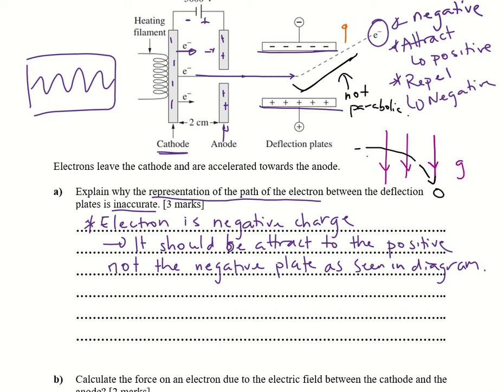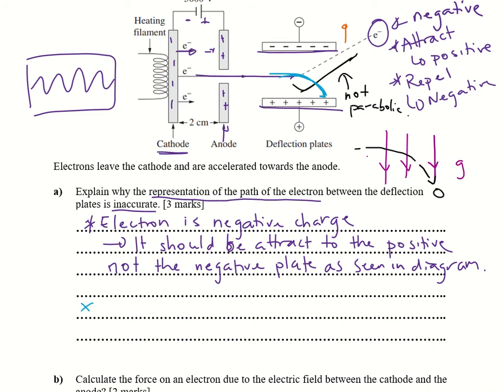What we should expect, the ideal scenario, if we also include where it's charged, is that firstly it needs to come down here to the positive plate, but it comes like a parabola. Okay? So that's the second part.